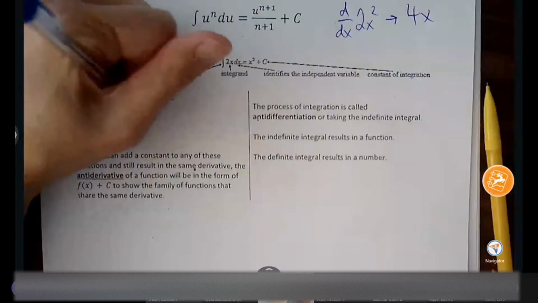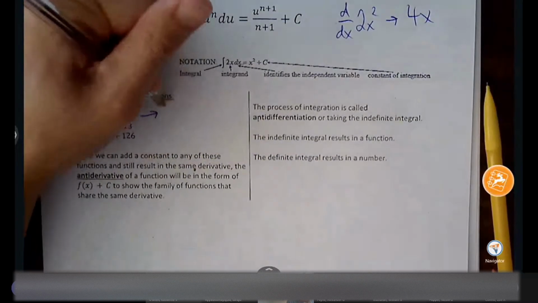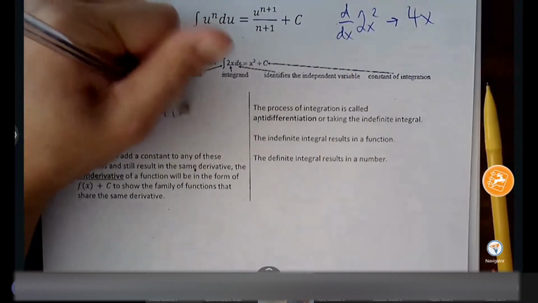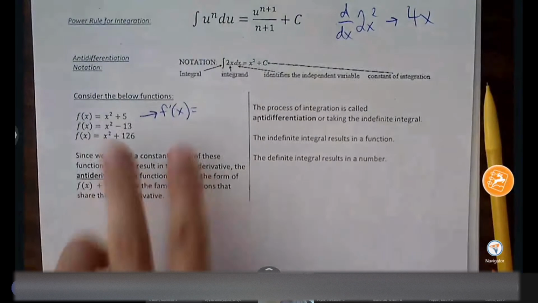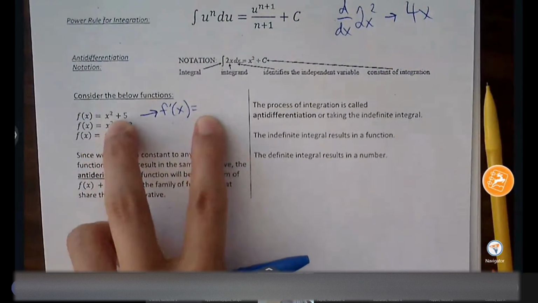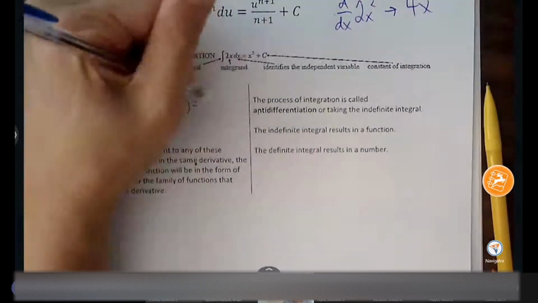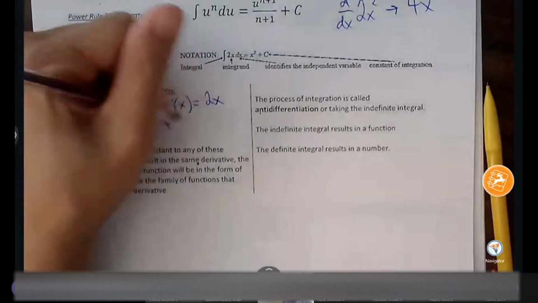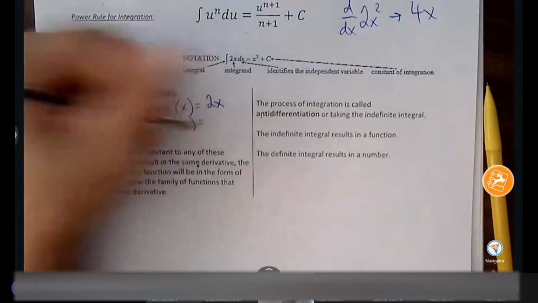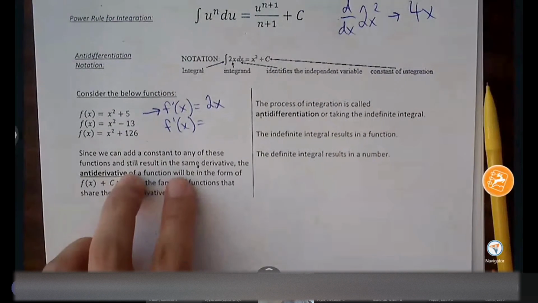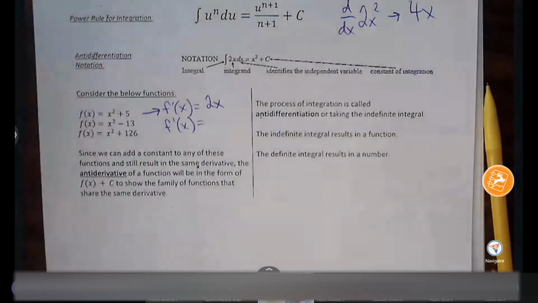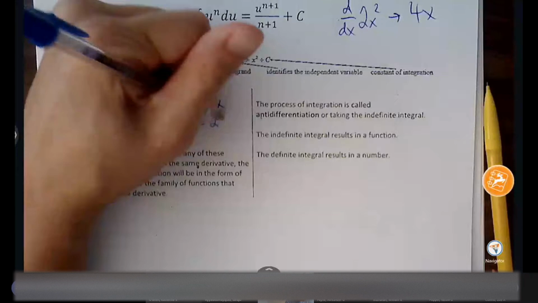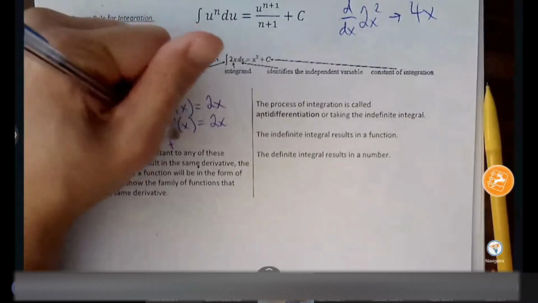So let me ask you this: what is the derivative of x squared plus 5? Just 2x, right? That 5 disappears. What's the derivative of x squared minus 13? Also 2x, right? All those constants just disappear.